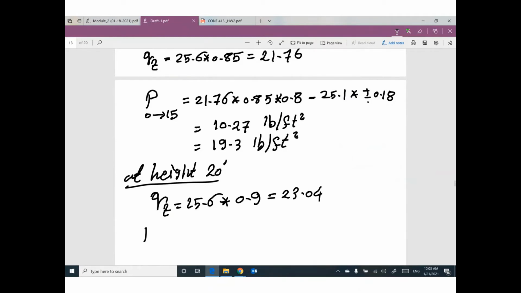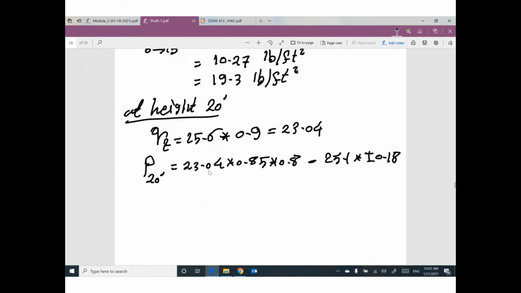So the pressure at 20 feet equals 23.04 times 0.85 times 0.8 minus 25.1 times plus or minus 0.18.